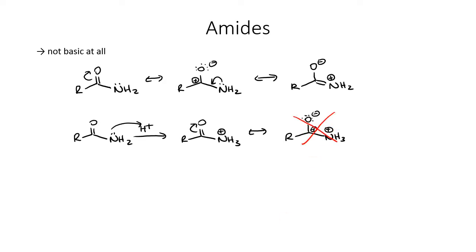This cannot exist. It is too unstable. So by protonating this nitrogen, we essentially decrease the number of resonance structures that can exist for an amide. So we've gone from something that can have 1, 2, 3 resonance structures to one that's stuck in a single structure. So as a result, we're not going to protonate this nitrogen.